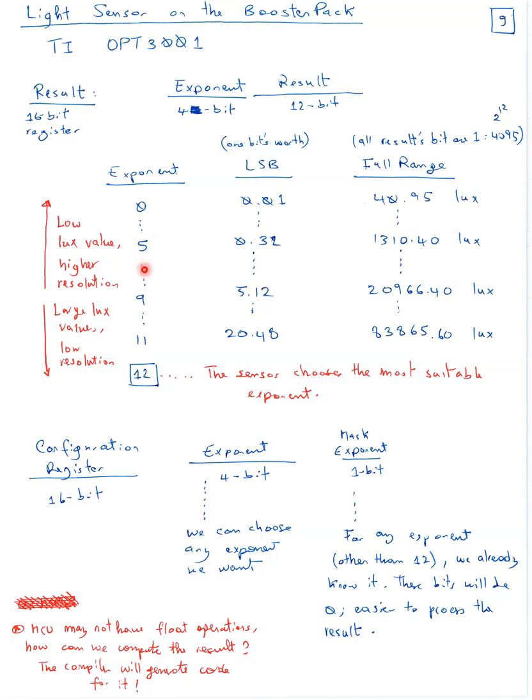So let's skip a few values to 9. Now LSB's worth is 5.12, which gives a full range of 20,966 lux. And finally, that's the largest exponent, 11. It makes LSB's worth 20.48, which gives a full range of 83,000 lux.